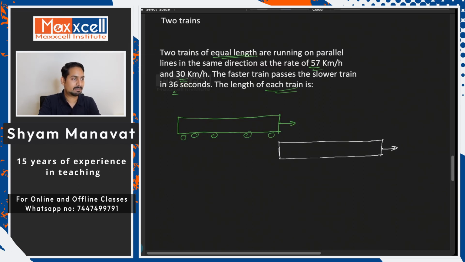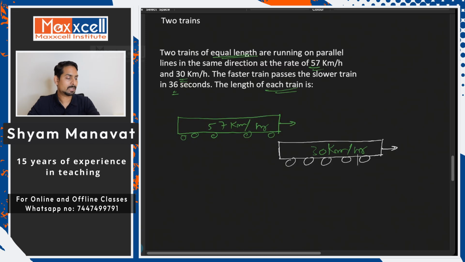So let's say this white one is the slower one. Okay, this is the case. Now the faster one is running with the speed of 57 kilometers per hour and the slower one with 30 kilometers per hour.